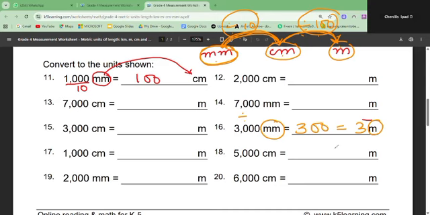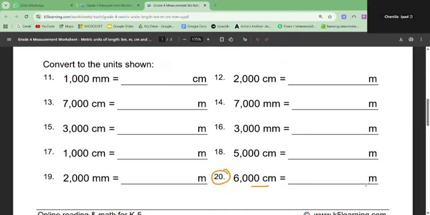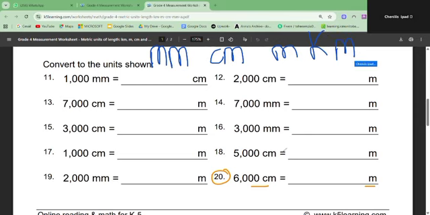Got it? Yep. Okay. Now come to this one. Centimeters to meters. How will you do this? Very good. Centimeters, meters, 100. So 70. Divide by 100. Good. And then 30.